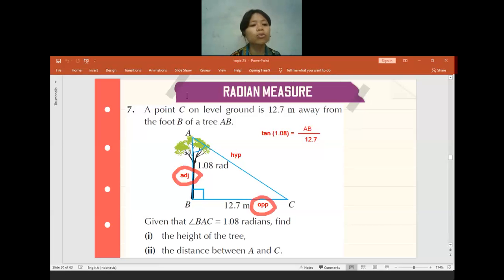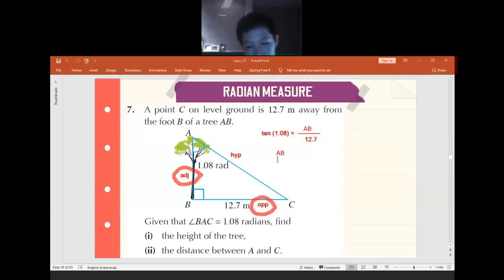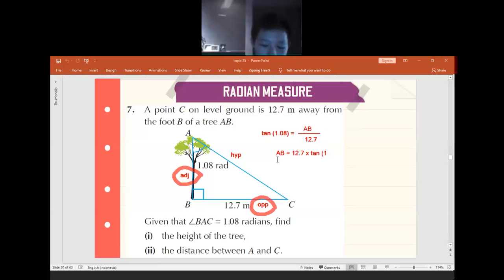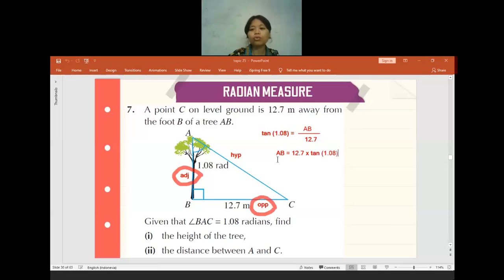For the AB, how do I find the AB? Do I have to do multiplication, division, addition, subtraction? Multiplication. So the AB will be tan 1.08 times 12.7, which equals 23.76.